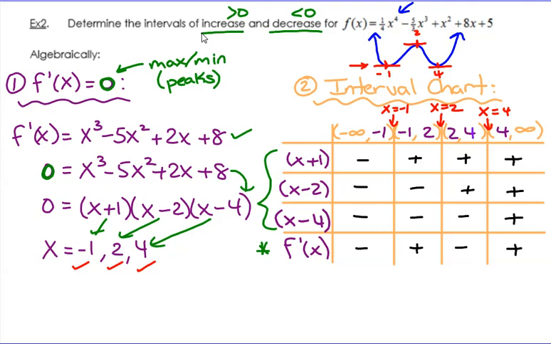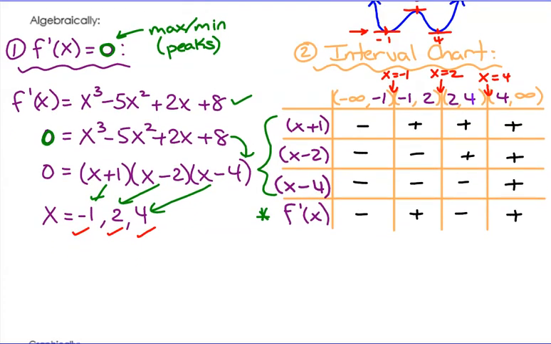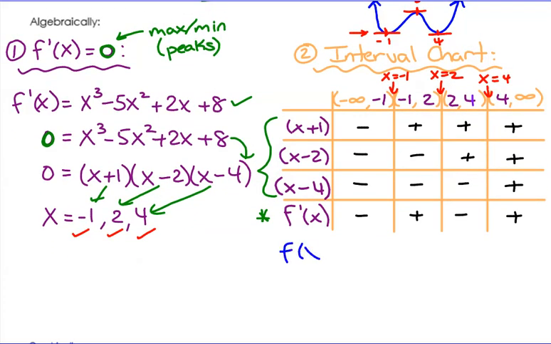Okay, so what did that actually tell us? Let me scroll up a little bit, just a tad. In our original function, we have increasing happening here. So our original function will be increasing within the negative 1 to 2 domain.